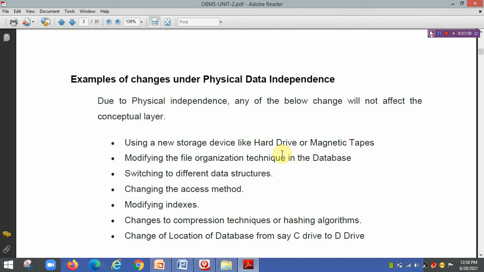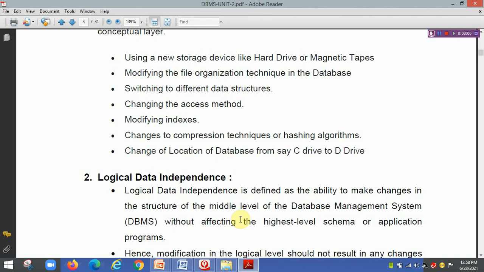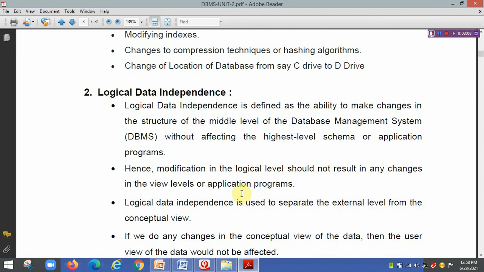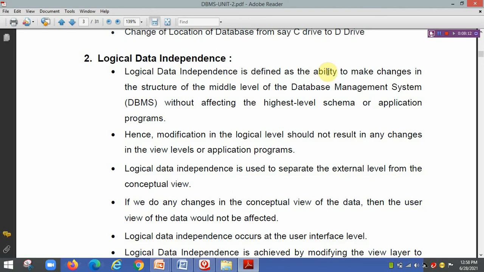Okay. So this is the concept of physical data independence. Next we discuss the logical data independence. Logical data independence is defined as the ability to make changes in the structure of the middle level of the DBMS without affecting the highest level schema or application program.